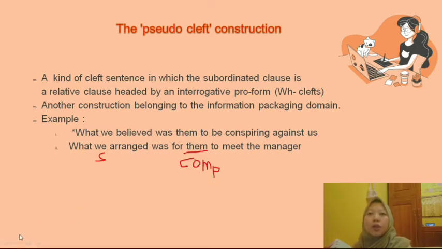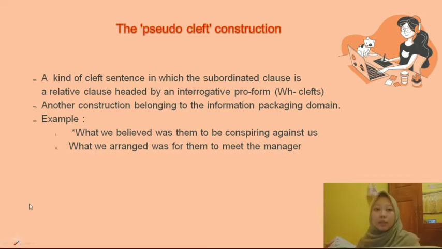And the example shows that the operation of forming a pseudo-cleft can be performed on example number 2, but cannot be on example number 1. The reason is, in example number 2, for them to meet the manager is a syntactic constituent, a clause.